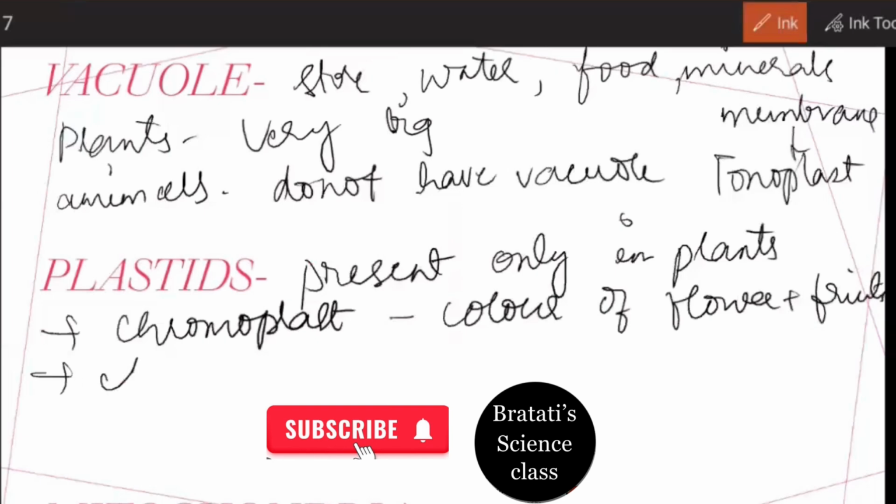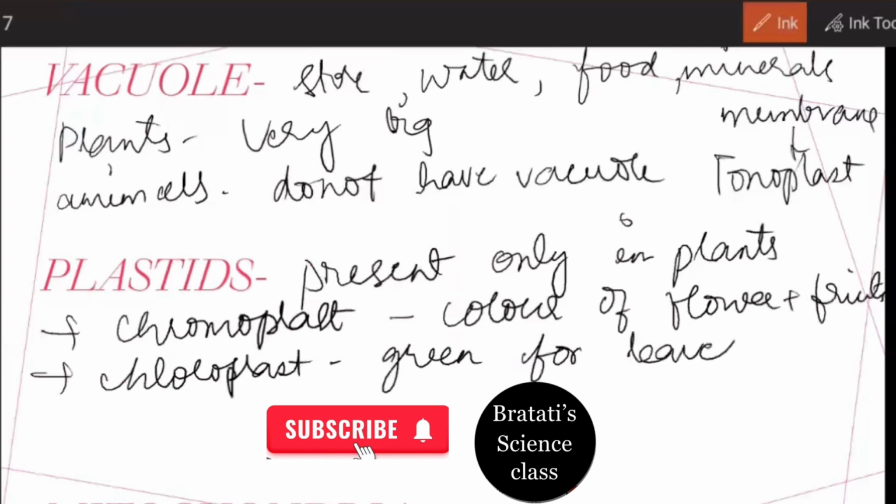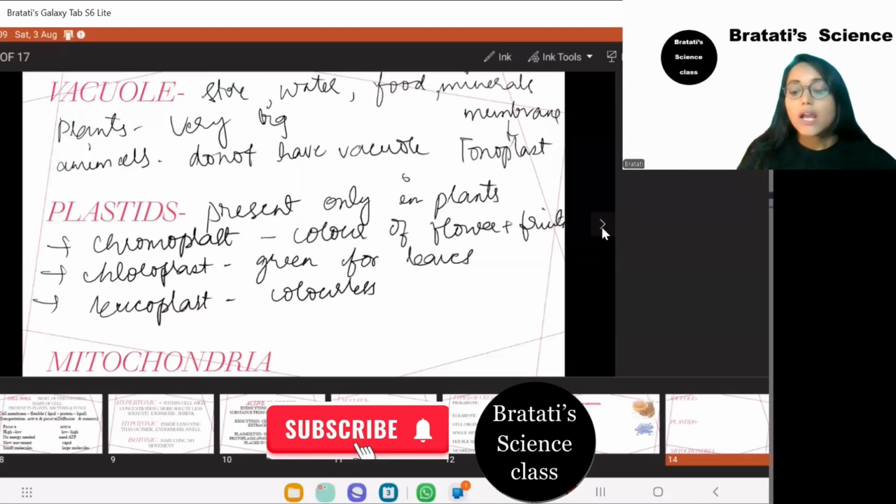There can be chloroplast, and the chloroplast is for the green color pigment of leaves. And there can be leucoplast, the colorless pigment, which is for the roots, since roots are colorless, so leucoplast is responsible for the color of the root.